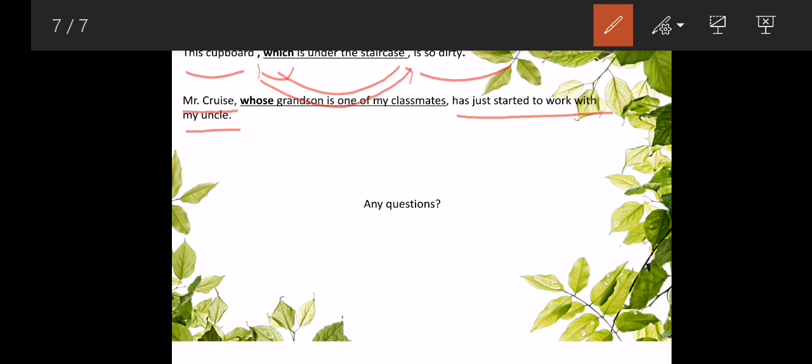I want to say that Mr. Cruz's grandson is my classmate. Okay? And I give this extra information between commas by using a non-defining relative clause. In this part, whose is our relative pronoun, and "whose grandson is one of my classmates" is our non-defining relative clause.